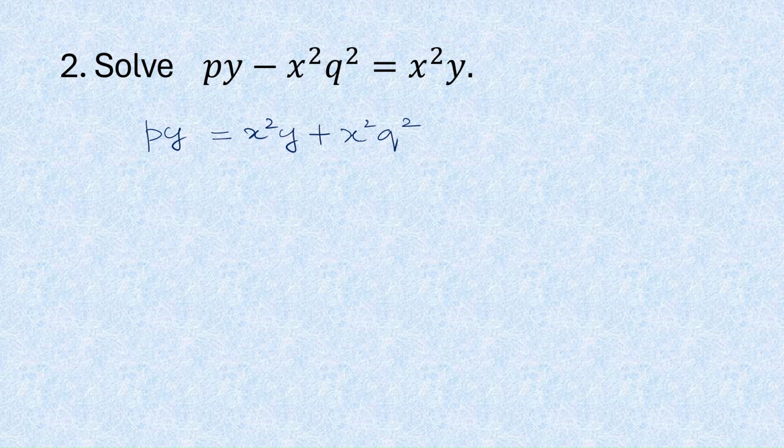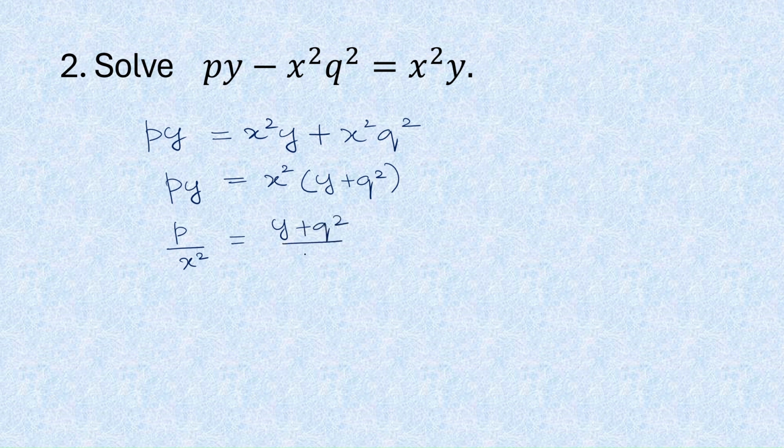Now we can write by taking x square as a common term, which gives you x square into y plus q square. Here we want p and x on one side.